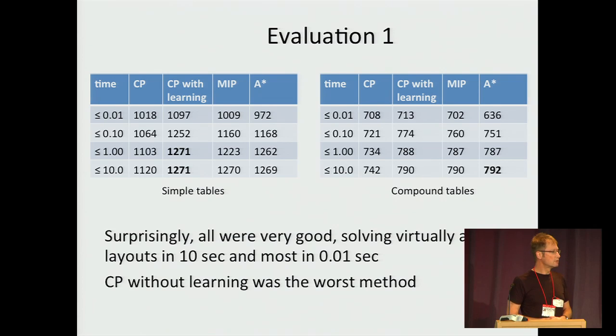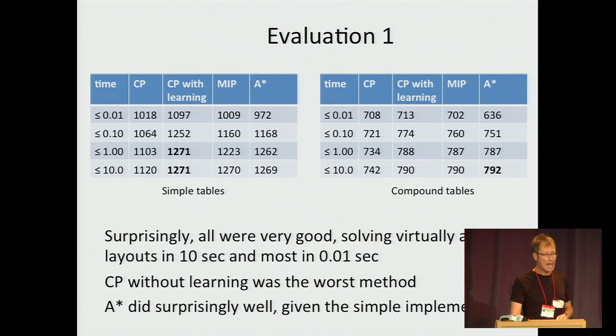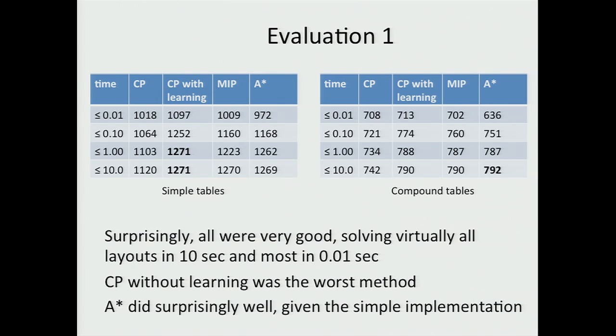CP without learning was probably the worst method. And we were really surprised by how well A* did. Given the simple implementation, it was pretty competitive with the others. In fact, sometimes it performed better.